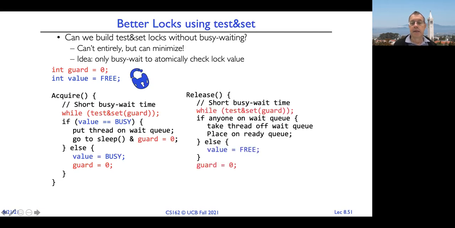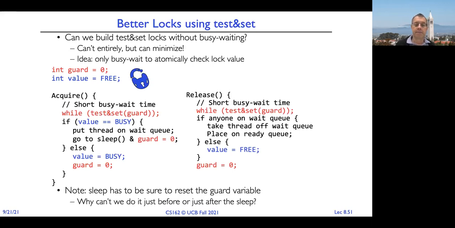And the release is the same. You protect the critical section by test and set. And then here you have the same problem like with the release of interrupts. When you go to sleep, you also need to set guard to 0. Then when you need to wake up, right? But this will be much easier. Okay. And when going to sleep, you have to be sure to reset the guard variable, right?